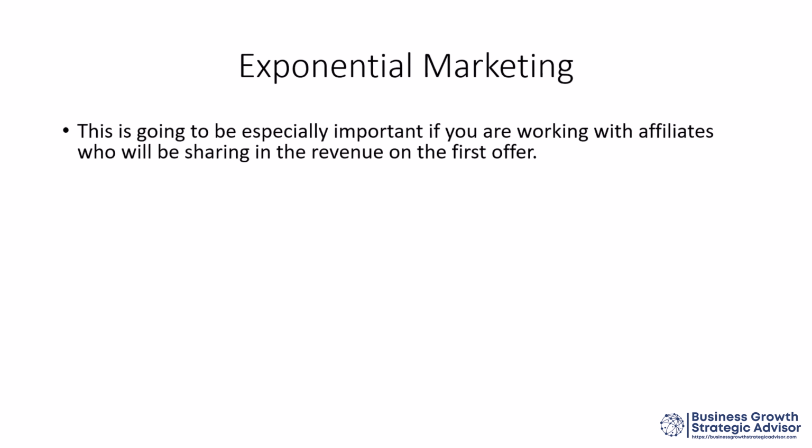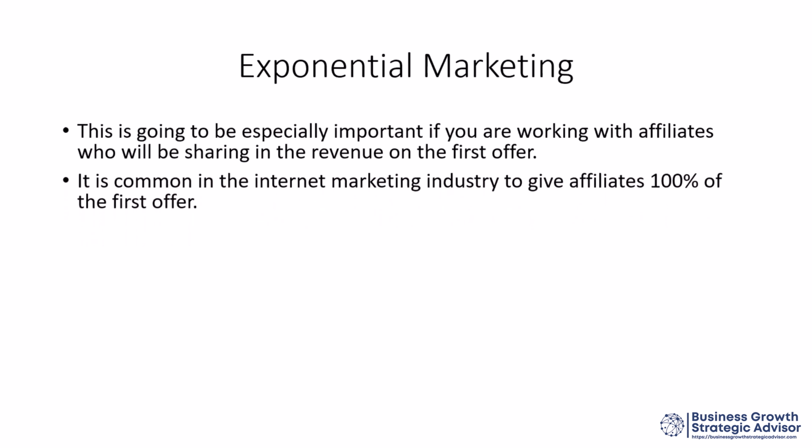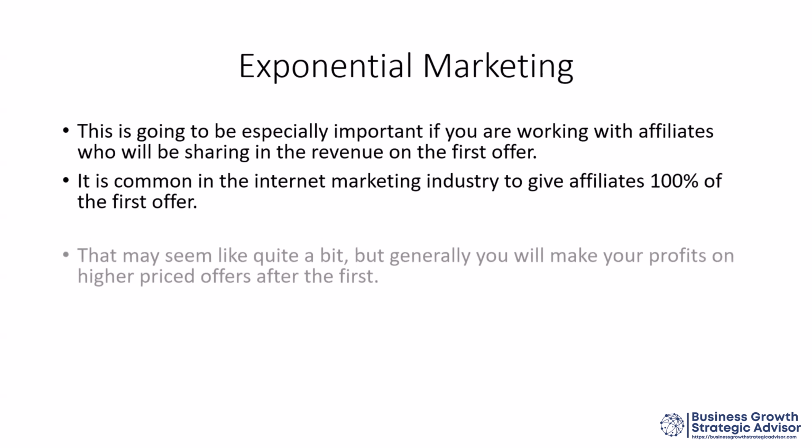When you're doing upsells effectively and working with affiliates, you have to understand that those affiliates are going to be sharing in the revenue of that first offer. So it's common, though you may not want to do this, in the information marketing industry to give the affiliates 100% of the first offer, to incentivize them to promote for you.